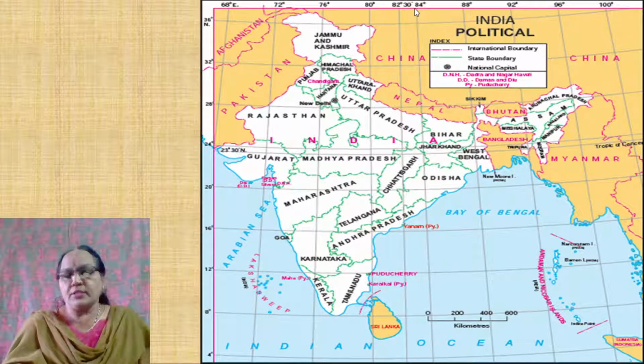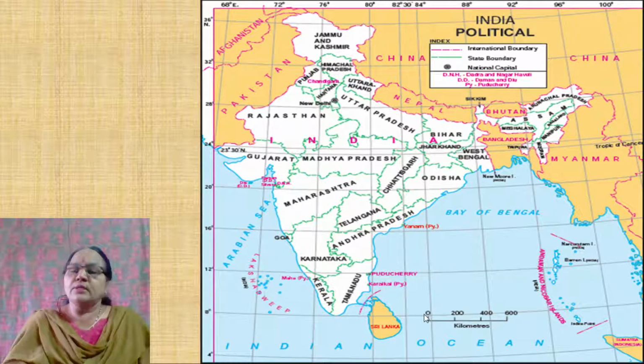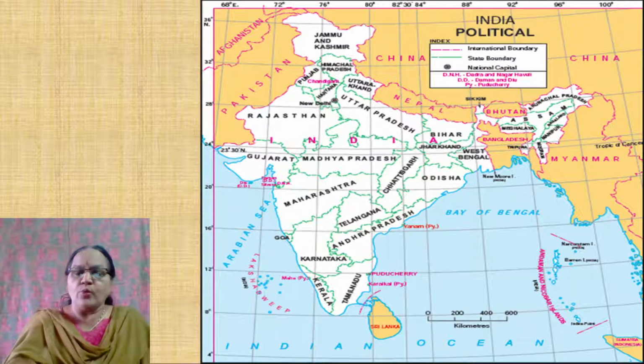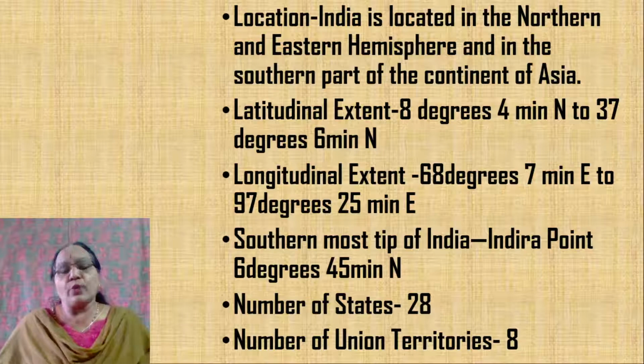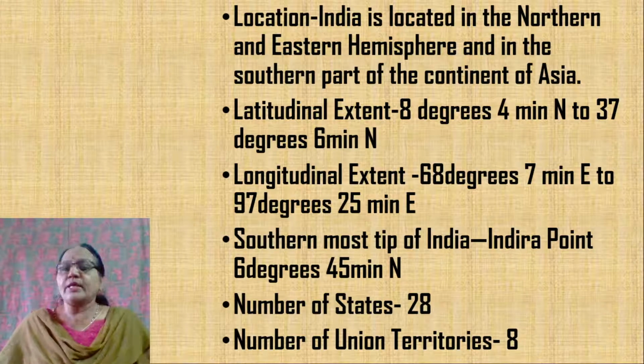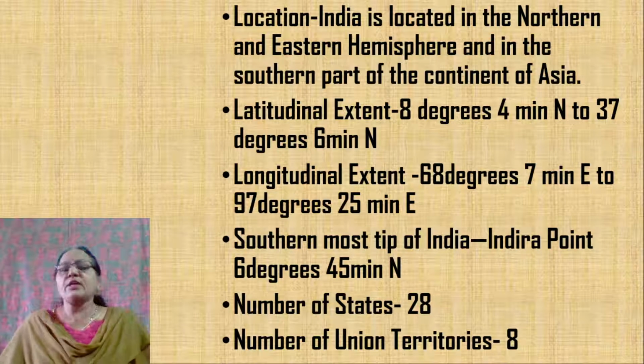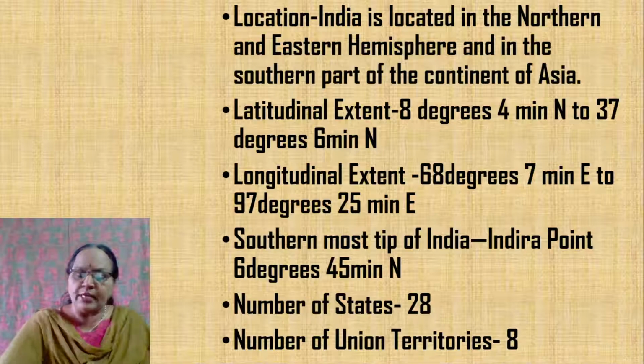Okay, and Indian Standard Time is based on 82.5 degrees east longitude, which passes through India. Okay, now let's come over to location. Now, where is India located? India is located in the northern hemisphere as well as the eastern hemisphere and in the southern part of the continent of Asia.